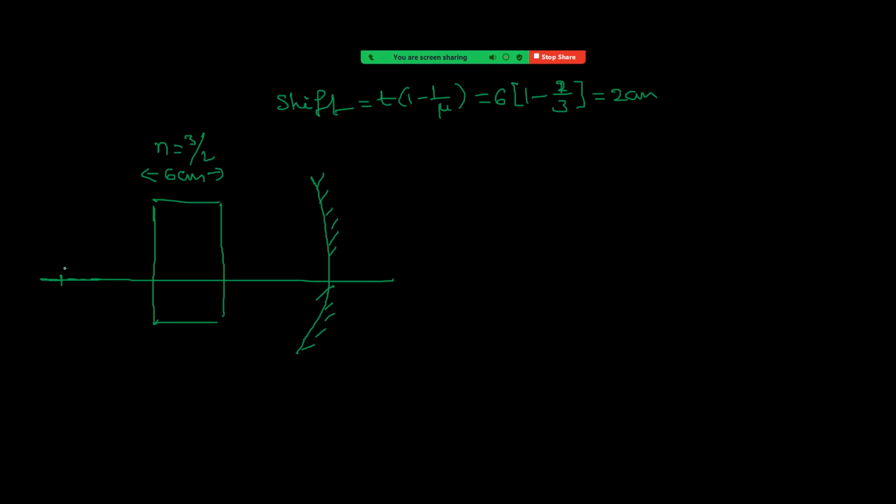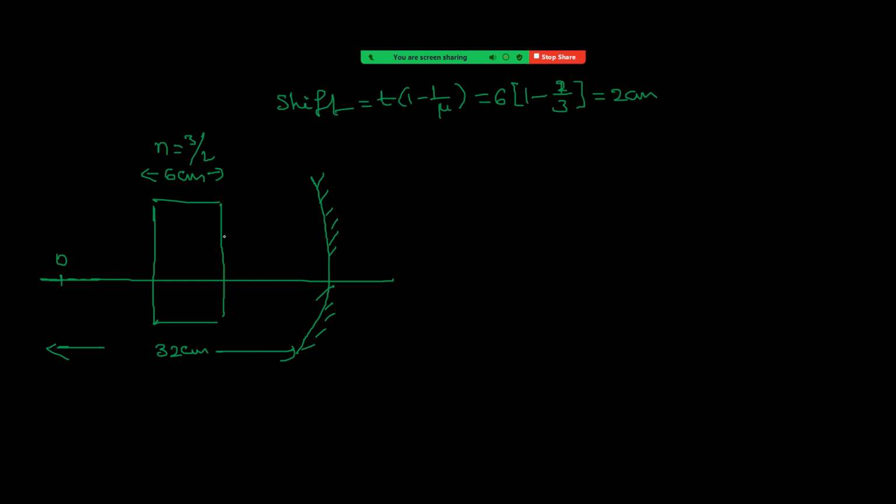This is now the object. Its distance is given as 32 centimeter. Rays are falling on this slab. It is now a real object. Now see what happens.